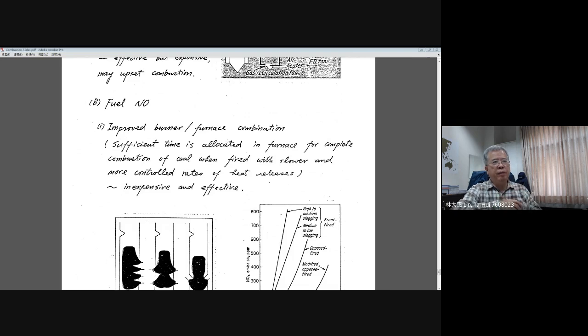Sufficient time is very important for the separation of fuel nitrogen. Try to convert all the fuel nitrogen to fuel N radicals, and they will release the NO, and NO will react with fuel N, then convert back to N2 as I mentioned earlier.